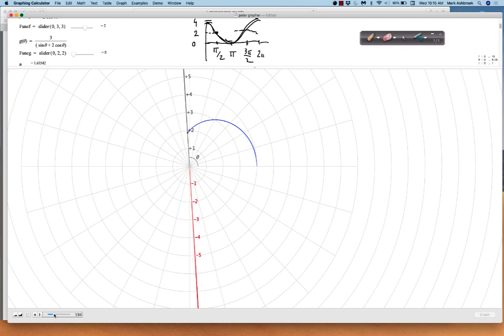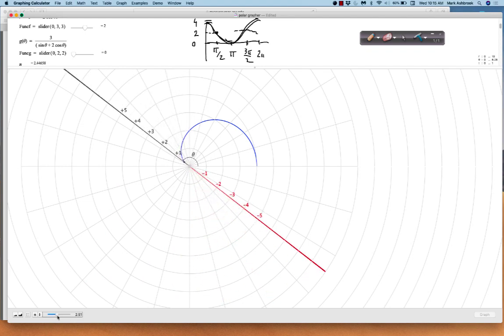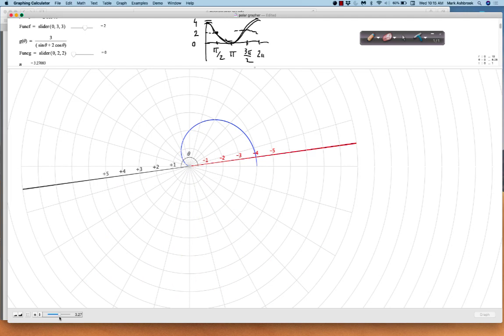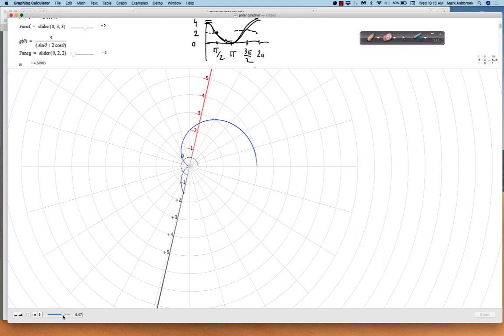So watch, it's turning from pi over 2 to pi, and r is going to slide down to 0. Boom. And then from pi to 3 pi over 2, it's the third quadrant. Turning through the third quadrant, r is going to increase back to 2. So there's r increasing to 2. And then from 3 pi over 2 to 2 pi, that's the fourth quadrant, 2 to 4.